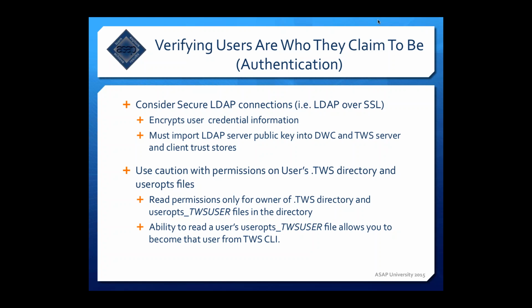Another security precaution when dealing with these kinds of accounts concerns the .tws directory and user ops files. When you connect to a TWS environment with your own ID, it creates a .tws directory and a user ops file.